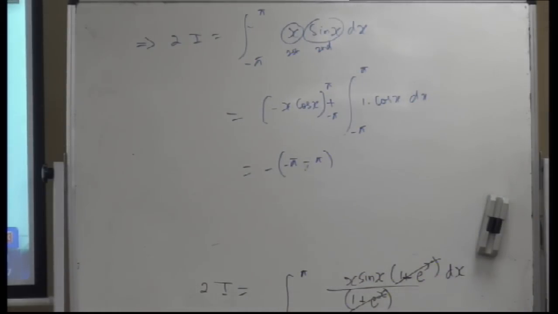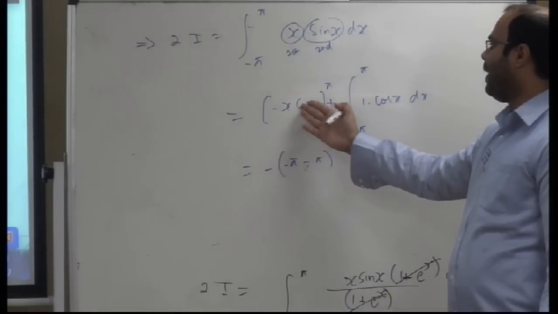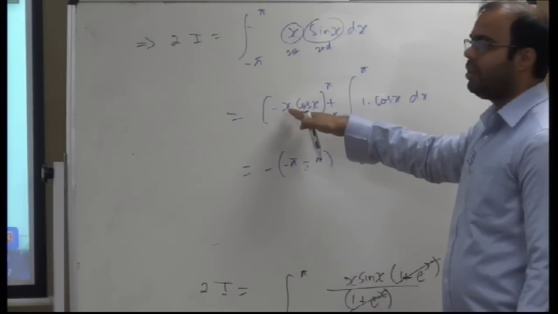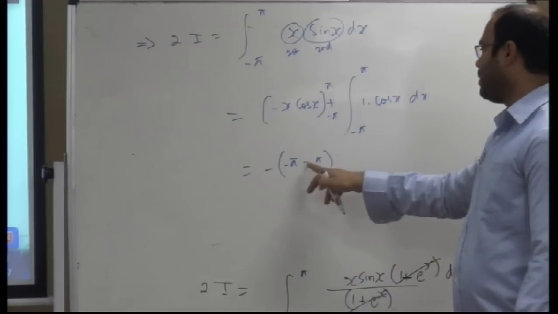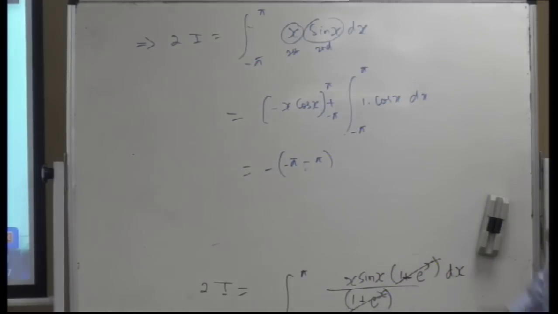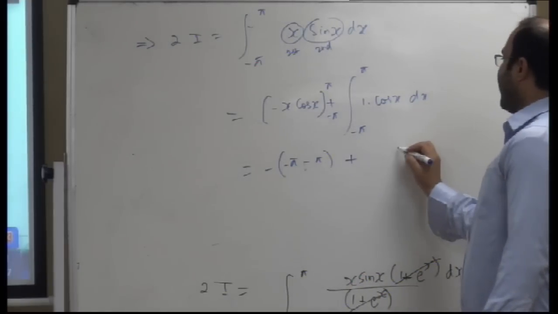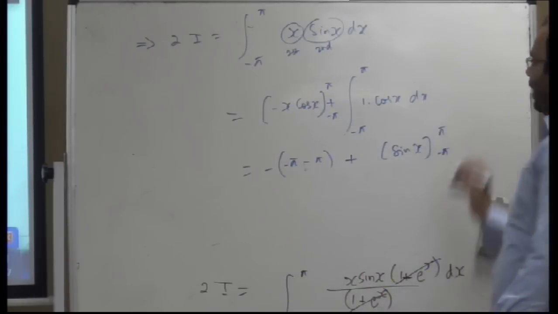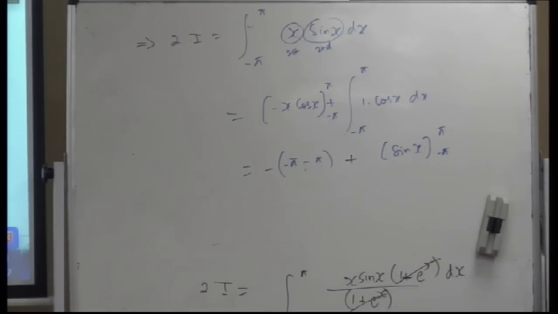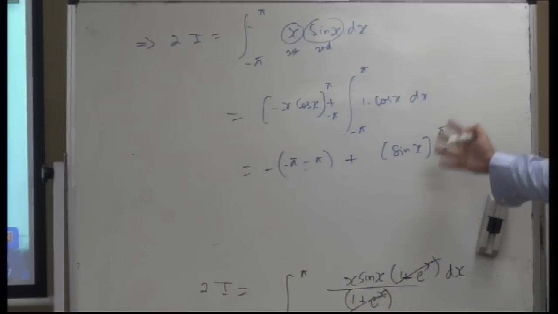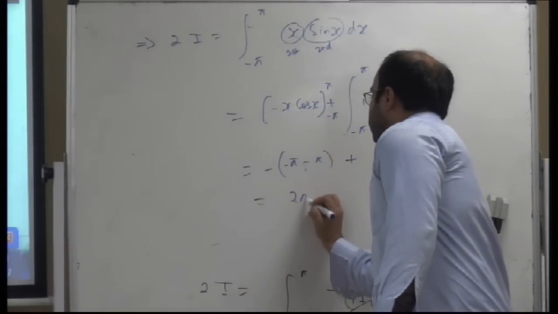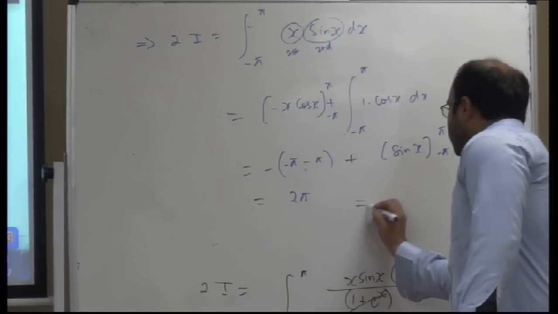You just put the limit, you will get pi, cos of pi is minus 1, this will be minus pi, and when you do the same thing here, you will get plus pi, and there is a subtraction sign here, so this will become minus pi. Plus the integral of this is sin x, so sin x from minus pi to pi, and this is going to be 0 because sin pi is 0, and sin of minus pi is also 0. So this value will overall be 2 pi, and therefore I will be pi. This will be the answer.